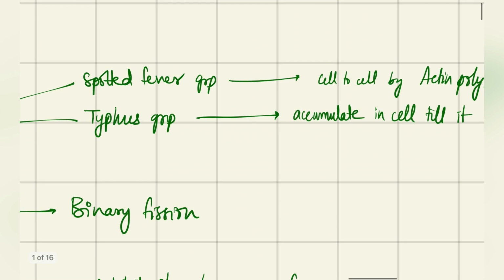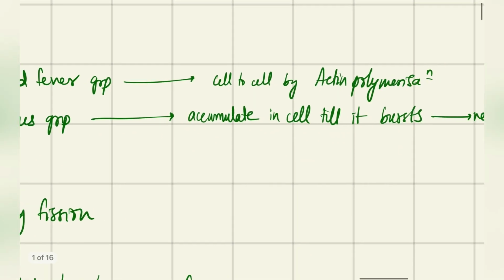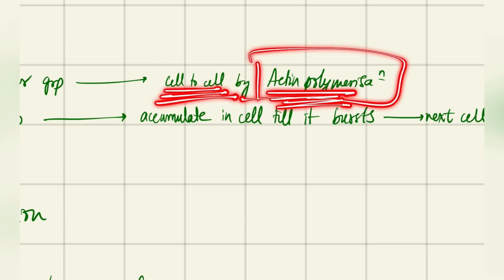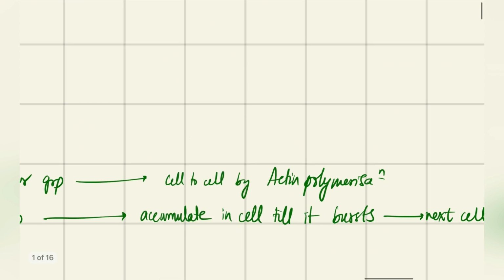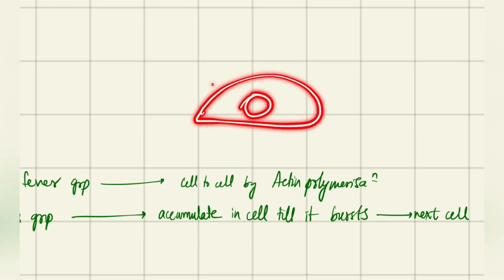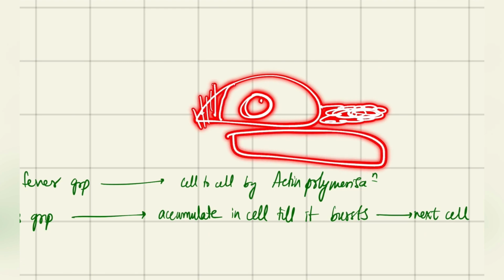While in the spotted fever group, the cell to cell spread or migration is by actin polymerization. This is important. Actin polymerization is basically a technique by which, suppose this is the bacteria, it will polymerize its actin and form larger structures on this side, and it will contract this side. So this part will go, and now it's like this, right?